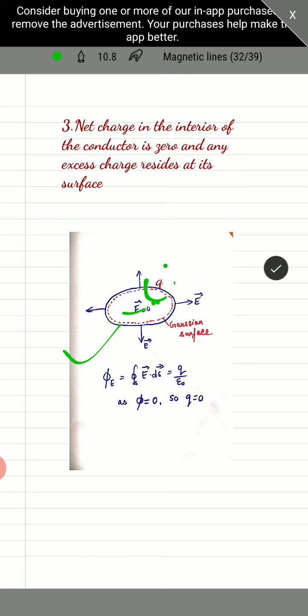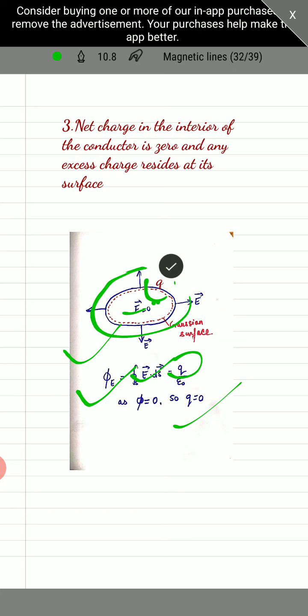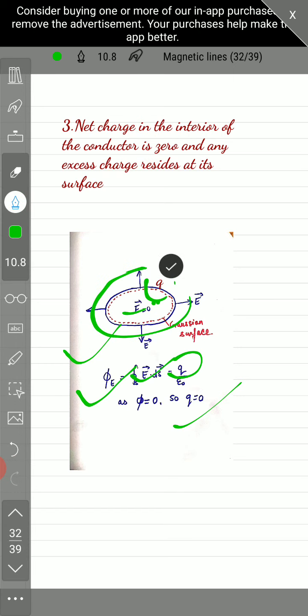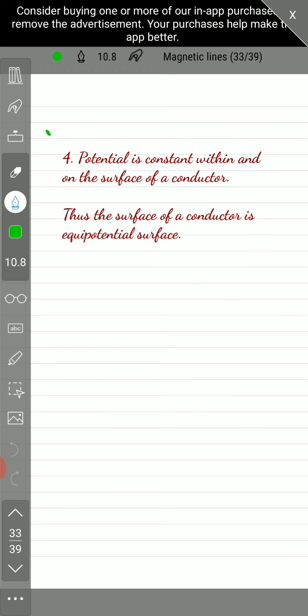And according to Gauss theorem, flux is given by E dot ds is equal to Q by epsilon 0. Since field is 0, Q will also be 0. So the third point is that the net charge in the interior of the conductor is 0, and if there is any excess charge, it will reside only on the surface. It will not remain in the interior of the conductor.